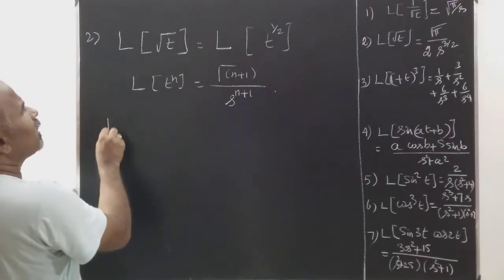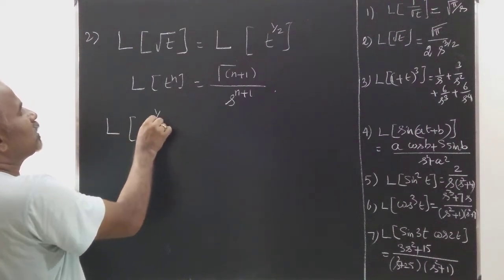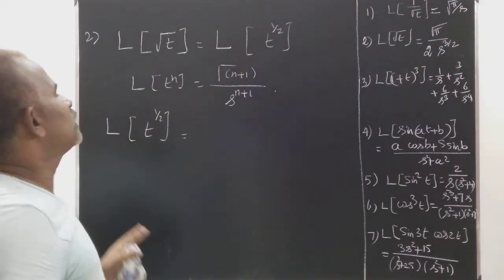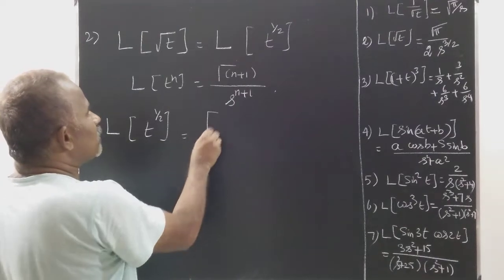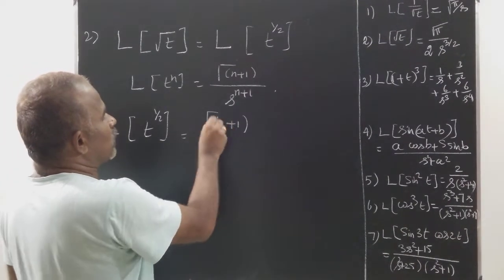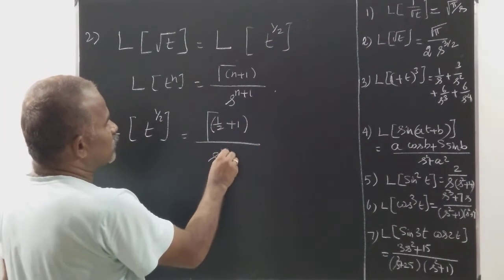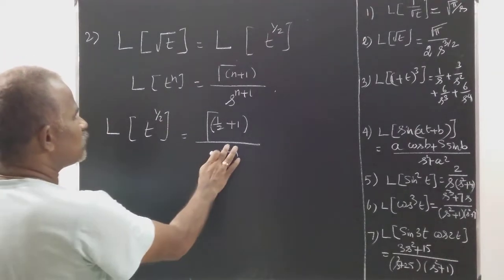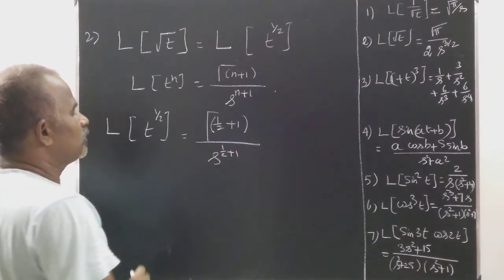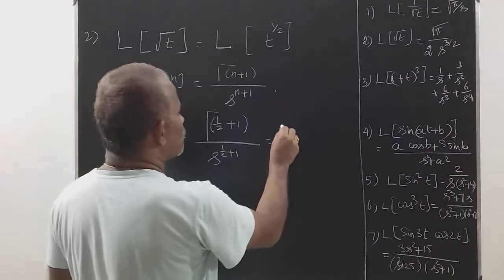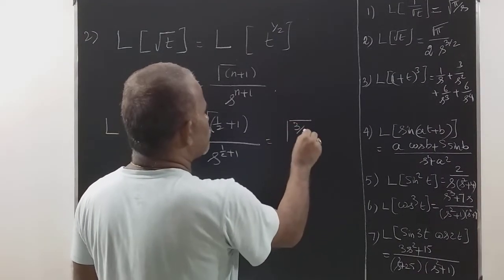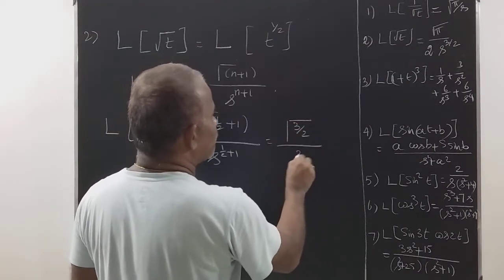So Laplace transformation of t power 1 by 2 is equal to gamma 1 by 2 plus 1 divided by s power n plus 1. n is again 1 by 2. So this is equal to gamma 3 by 2 divided by s power 3 by 2.